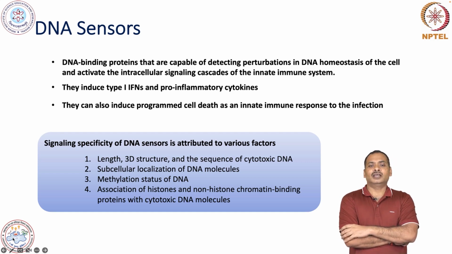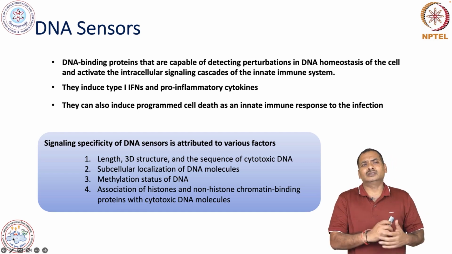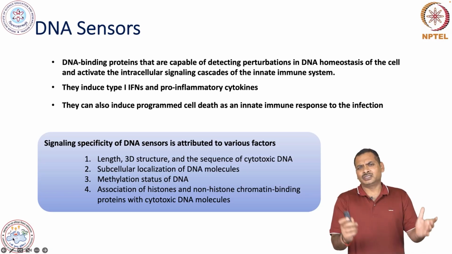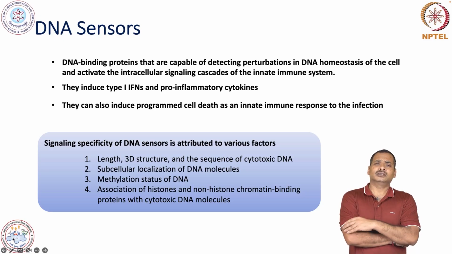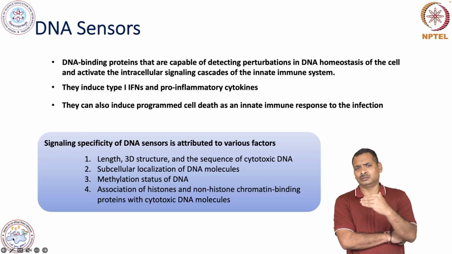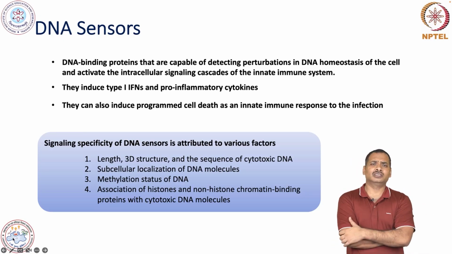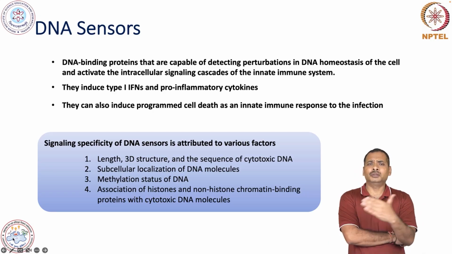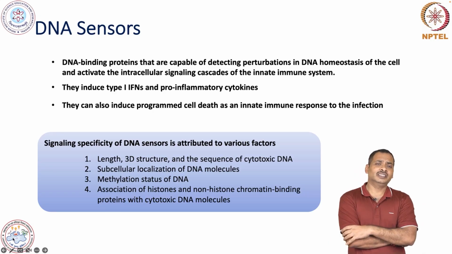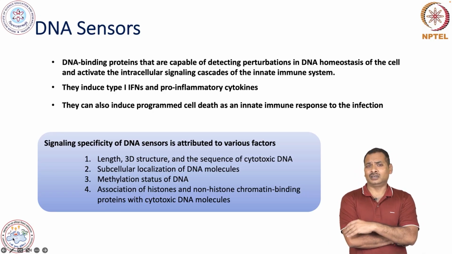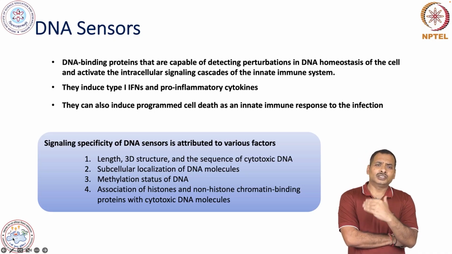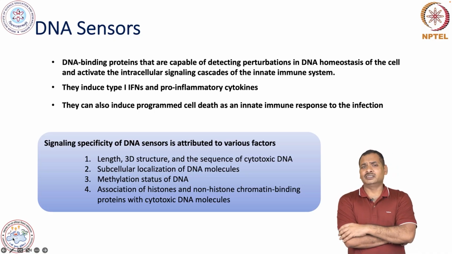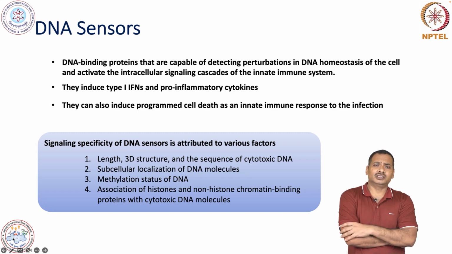You know that mainly RNA makes various complicated three-dimensional structures, but DNA also makes various kinds of three-dimensional structures. If you remember, various kinds of DNA exist, although in physiological conditions the B form of DNA is the most predominant structure.